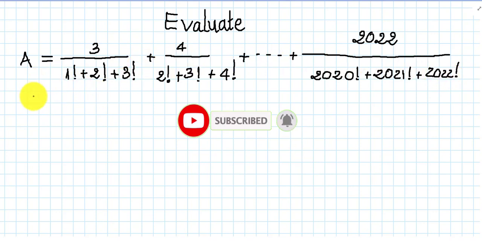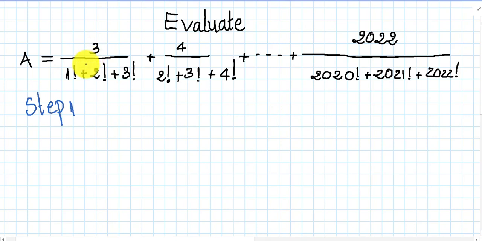Step 1. We see 1 factorial plus 2 factorial plus 3 factorial, and the numerator 3. We know it goes 1, then 2, then 3, and the numerator is 3 too.